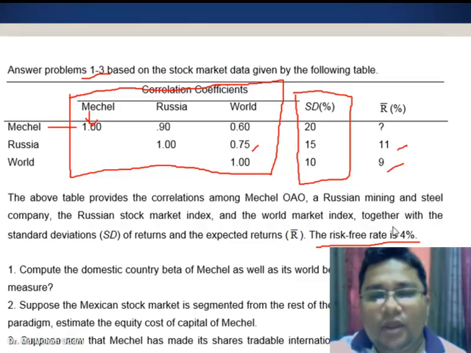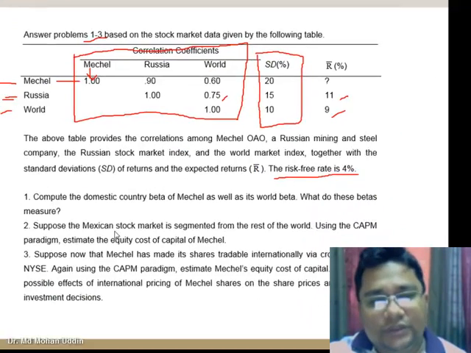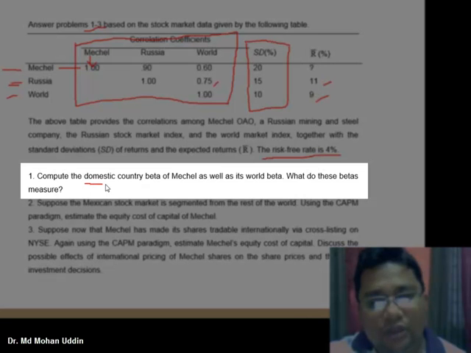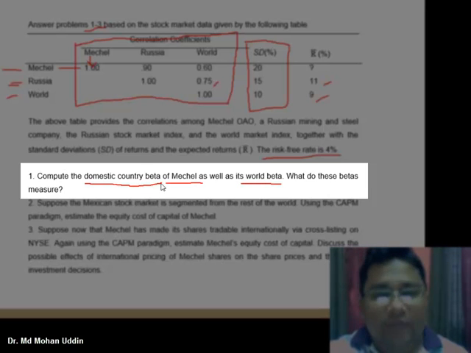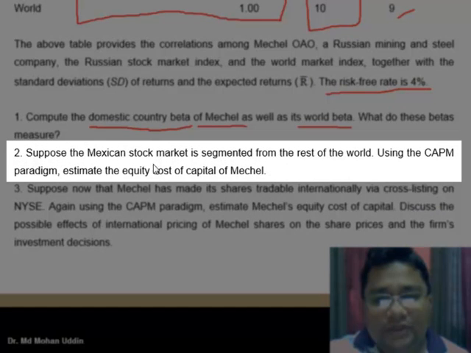So based on this information, we have to compute the domestic country beta of Michelle as well as its world beta, and also explain what these betas measure. Suppose the Mexican stock market is segmented from the rest of the world. Using the CAPM, what is the equity cost of capital?